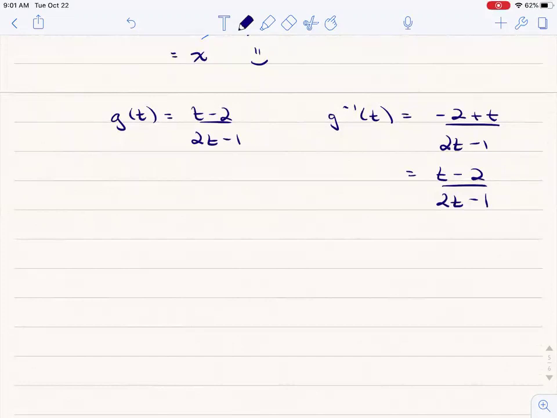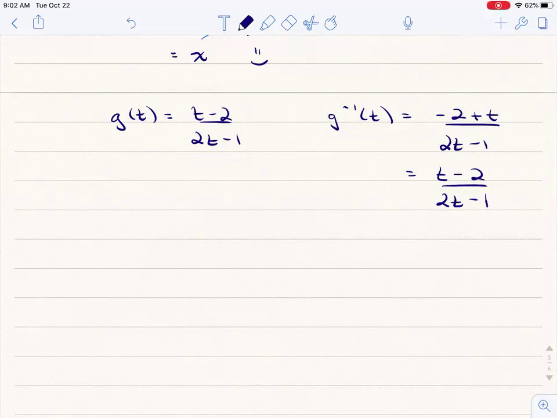As a rule, the domain of the inverse is the range of the original function, right? And the domain of the original function is the range of the inverse. Up until now, when finding the range, we've just looked at a graph to get an idea of what it looks like.